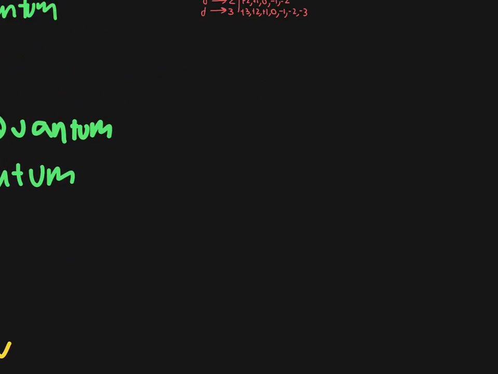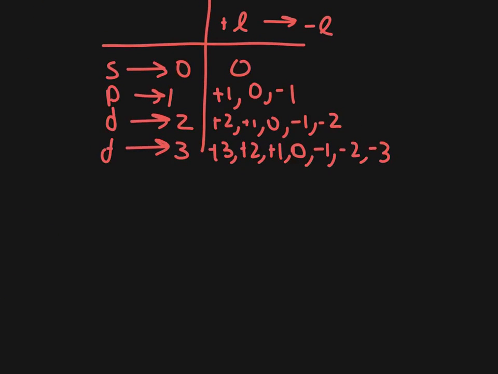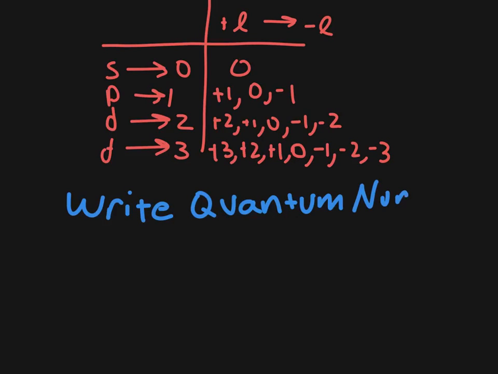Let's just try some examples, because I'm hoping that will make a lot more sense when we do one. Let's say I were to ask you to write quantum numbers for nitrogen.